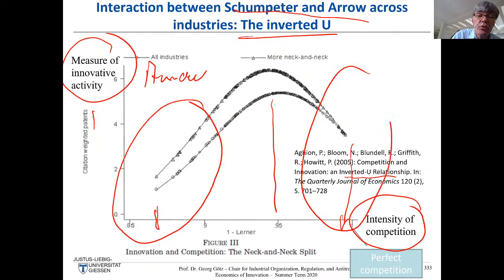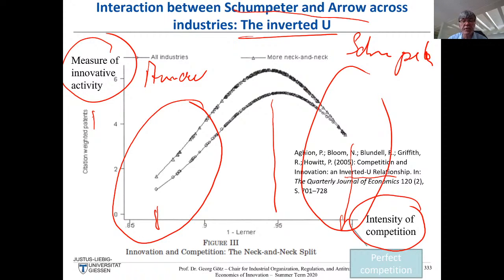Here on the other side, you in a sense have the Schumpeter part. Why? If you have cutthroat competition, meaning you have Bertrand competition with homogeneous products, and a firm is ahead of the other firm, with a cost advantage, what is the incentive for the laggard to catch up to this firm? Actually, if you catch up, your profit will be 0.